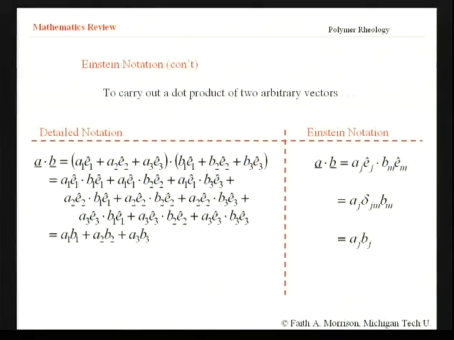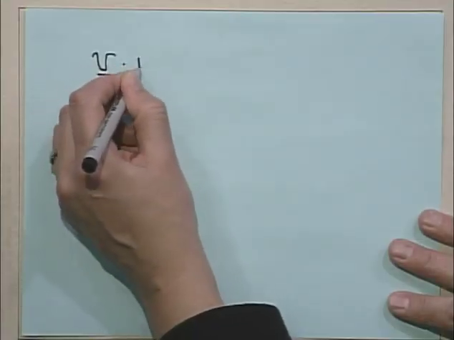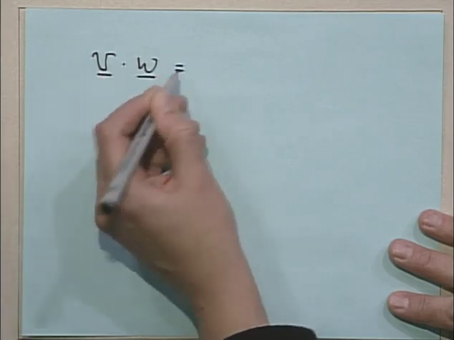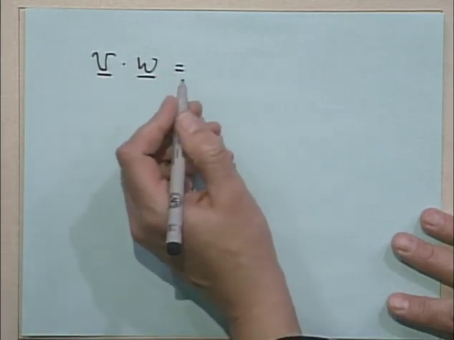So let me do that one more time as a review. We're going to see this a bunch of times today. The idea behind Einstein manipulations of two vectors, let's say v dot w, is we write each vector with respect to a Cartesian coordinate system.